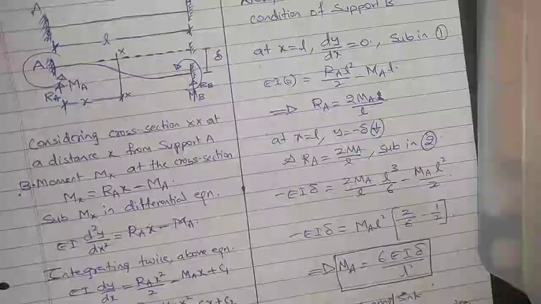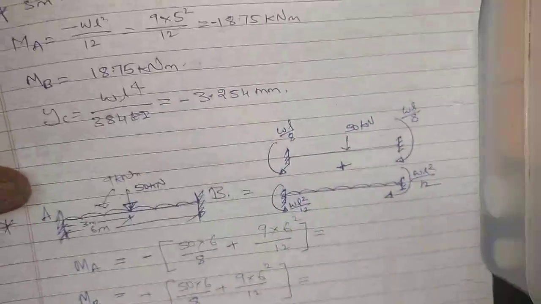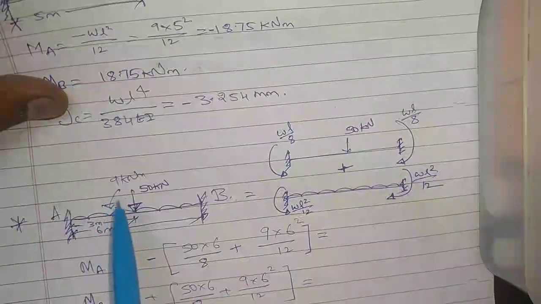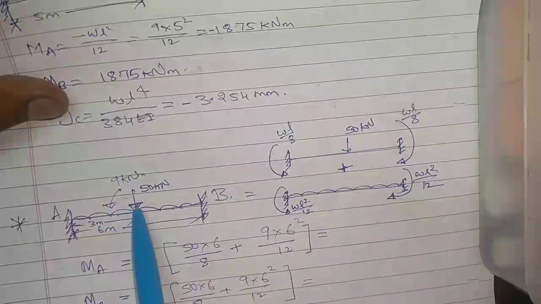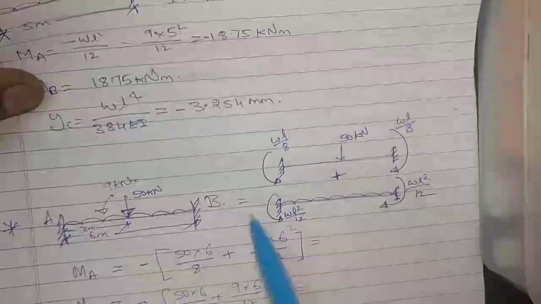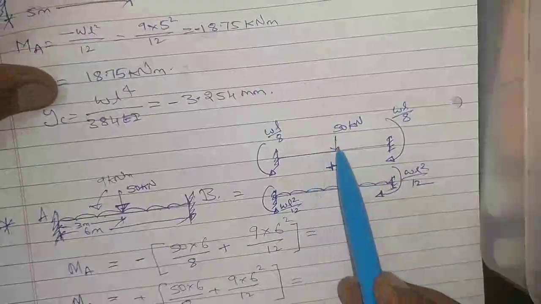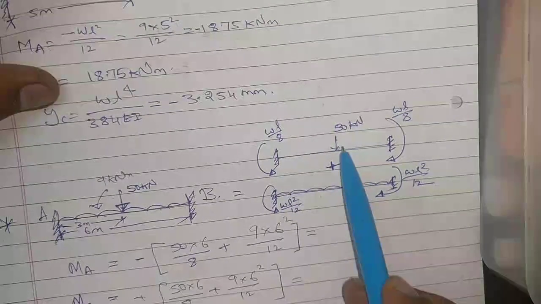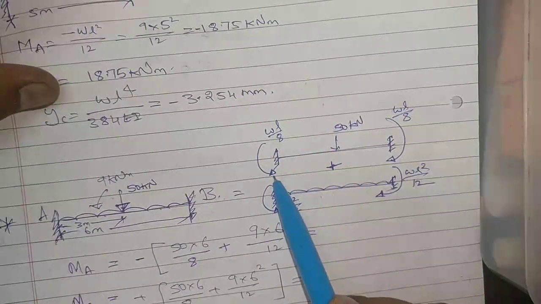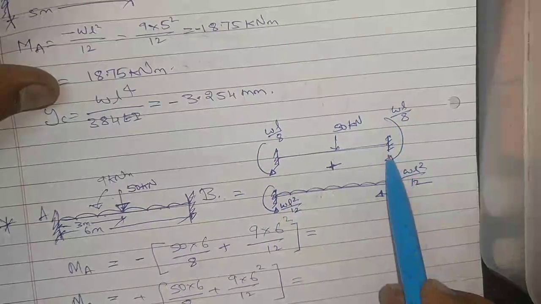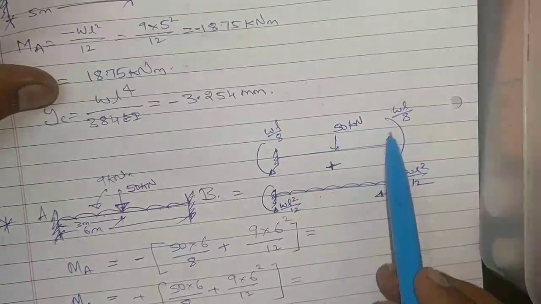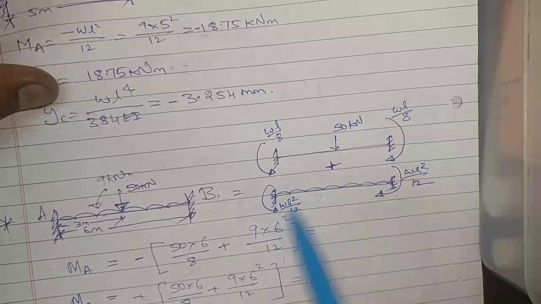So what problem you will be getting is this one. Like this problem you will be getting fixed beam with UDL and point load. For example, if we segregate this one, with point load and UDL. So point load you are having WL by 8 anti-clockwise, this clockwise, this will be minus, this will be plus, and for UDL you will be having anti-clockwise, clockwise.